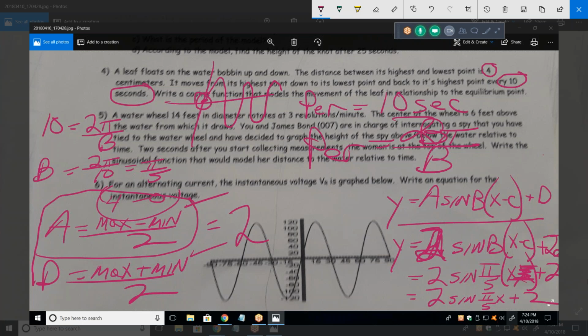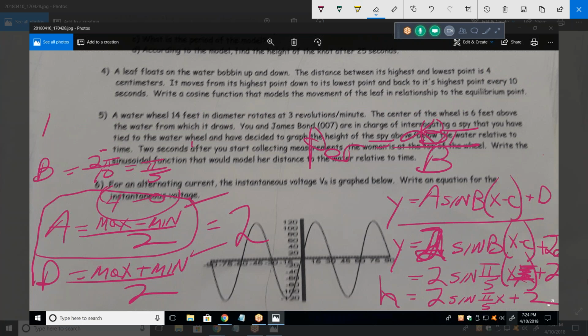Now, the next thing, remember that's the height. So the question really becomes, does that equation fit everything they have told us? And remember something else, you don't have just one sinusoid equation that defines an action. There's virtually an unlimited amount of them. In other words, I could add 2 pi to that pi over 5 so that I had 11 pi over 5, and I would get exactly the same answer.